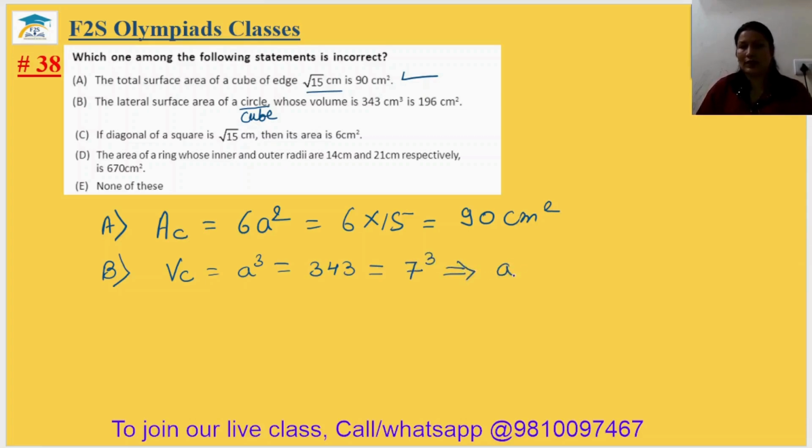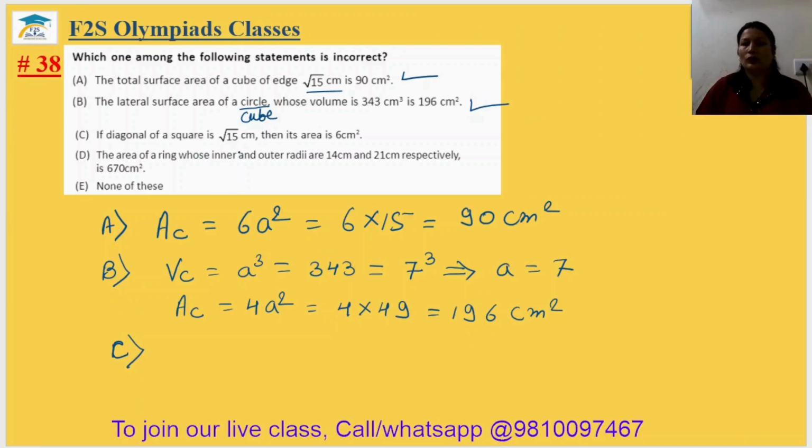So this implies A equals 7. Lateral surface area of the cube is 4A square, so that is 4 multiplied by 49, so it is 196 centimeter square. It is also true.